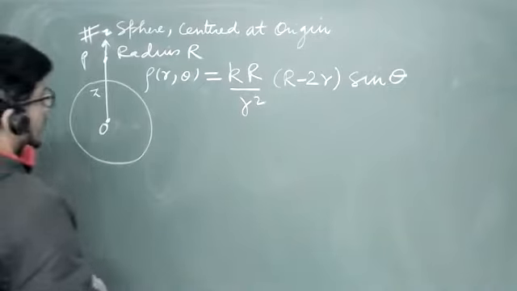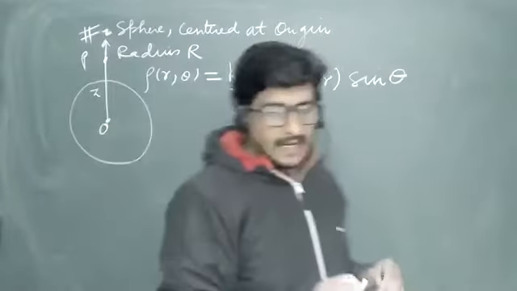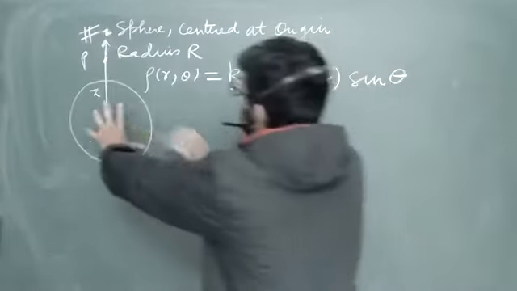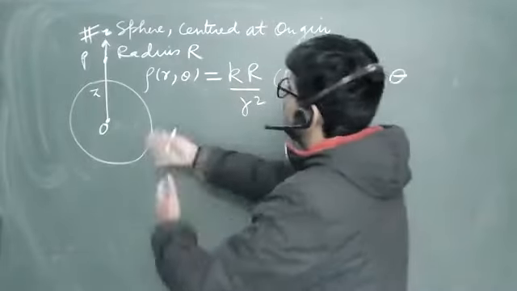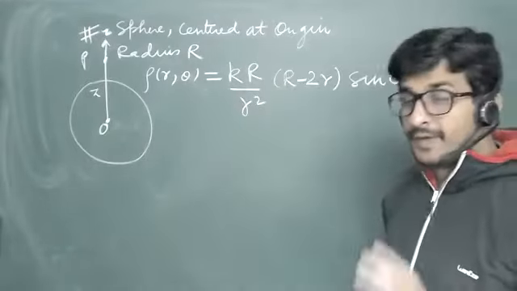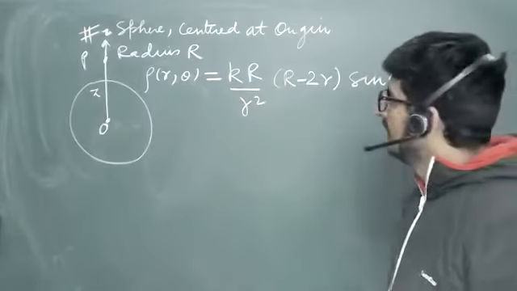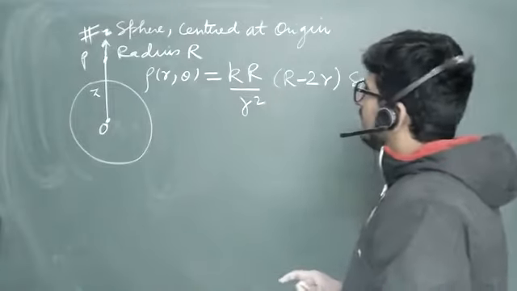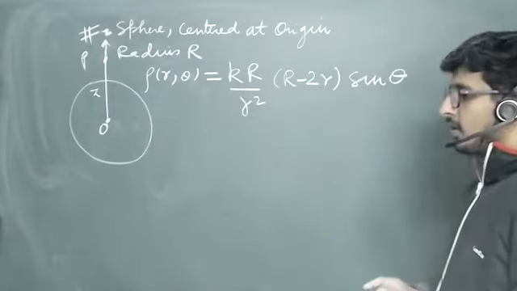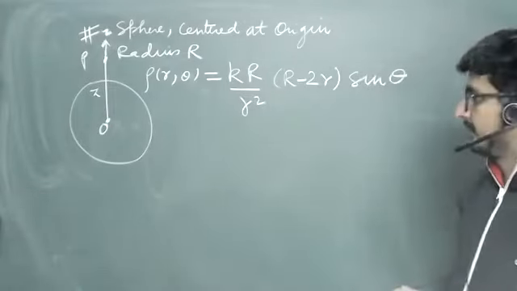So please understand this problem. A charge system is given, and we don't know what type of distribution this is. We have to understand it. So we will have to see one by one the contributions of different terms.